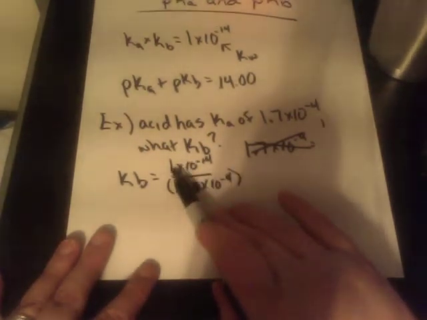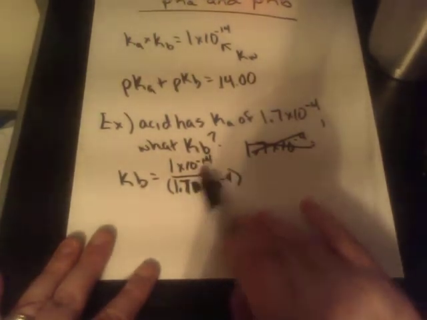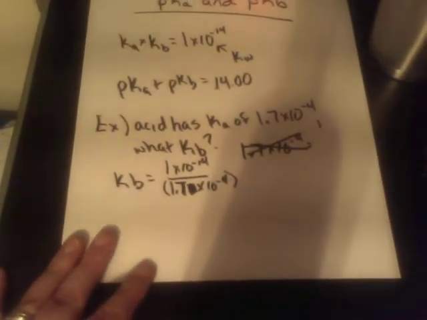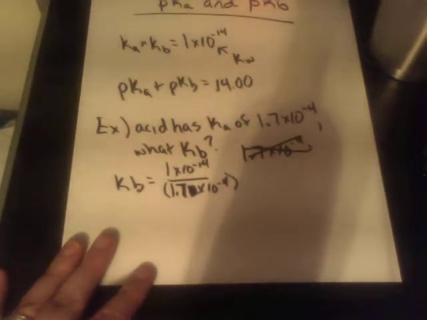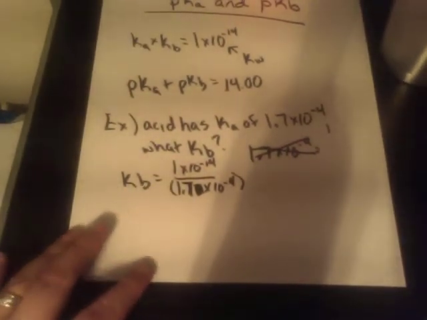If you type 1 times 10 to the negative 14 divided by, and then you type 1.7 without parentheses, it'll divide that first and then multiply by the other, which is incorrect. So I'm going to divide 1 times 10 to the negative 14 by parentheses 1.7 times 10 to the negative 4, and I get, we'll say, 5.9 times 10 to the negative 11.